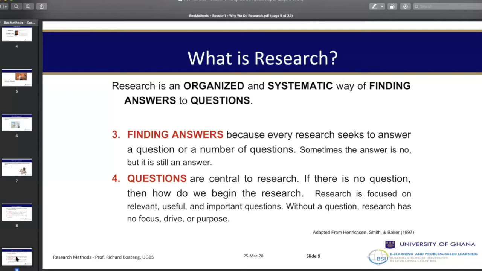So when we say that the centrality of every research is the question you are asking, it means that the research process is guided by the questions. The question that you have differentiates your research from another person's research, number one. Number two, the question that you have is what gives the research direction, drive or purpose.